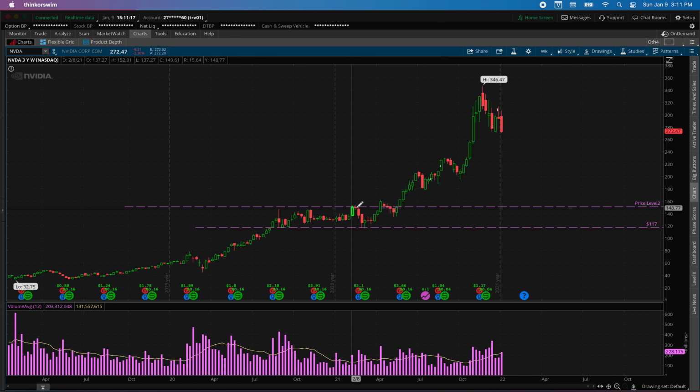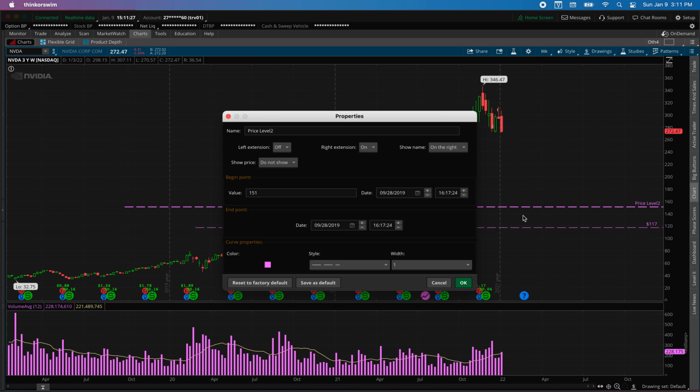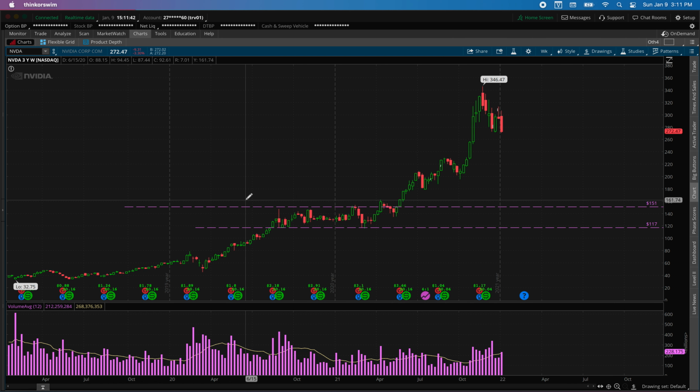But here it was tested and it pushed down. Then here it broke, then it pulled down before it made another strong move to the upside. So this is going to be important. I want that level marked up, and again we are rounding it off, so we are going to leave it at 151. This is the weekly, right?